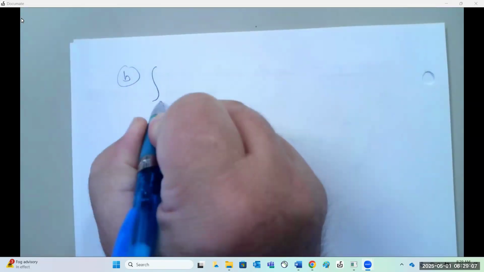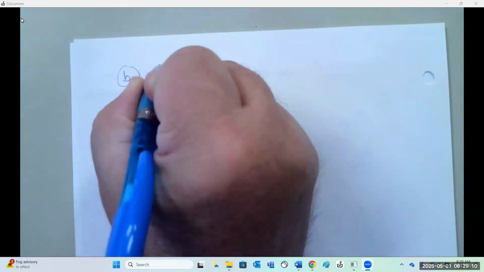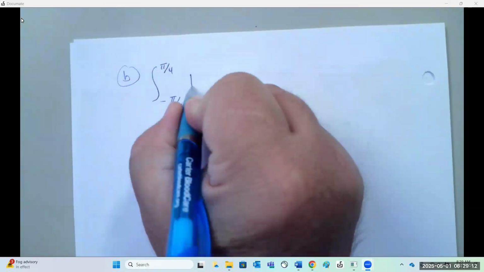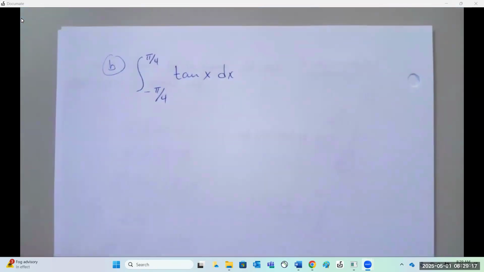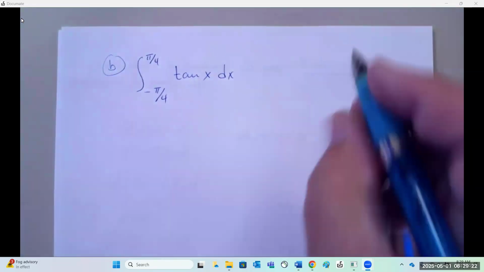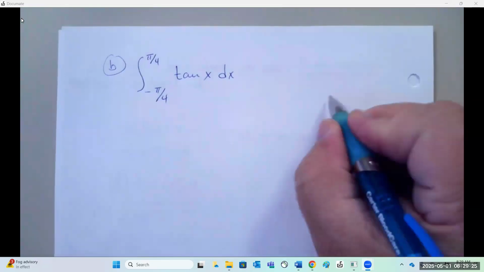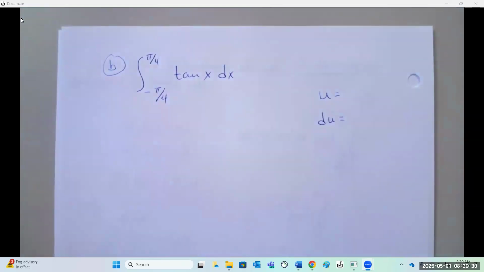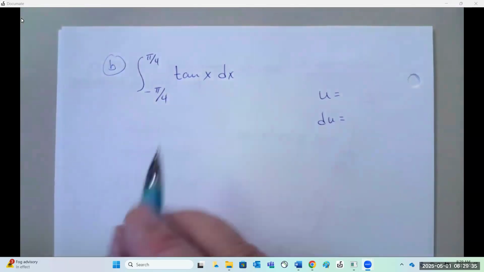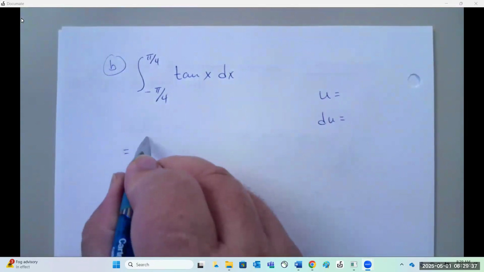Here's another example. Part B of this question. From negative pi over 4 to pi over 4 of tangent x dx. Remember, we have to figure out what is u and what is du. For tangent, what is tangent made up of?